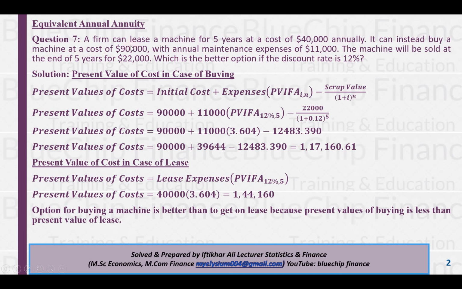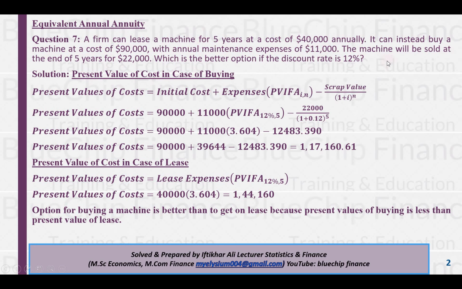So in equivalent annual annuity, we choose the better option to invest on the basis of the calculation of present values. So here, first of all, we calculate the present value of the second option.